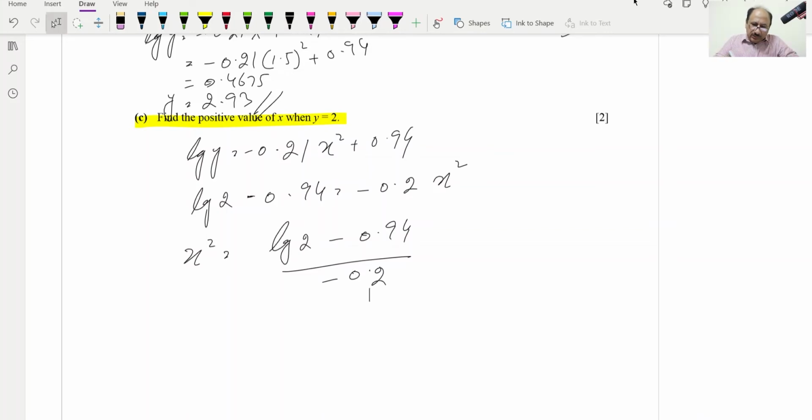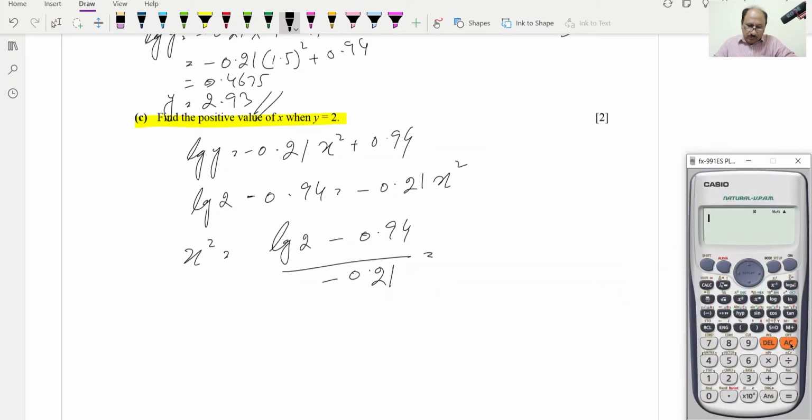We missed basically one from here and one from here, and now we can calculate. This will be a fraction, log of 2 minus 0.94 over minus 0.21, and this is equal to 3.04.